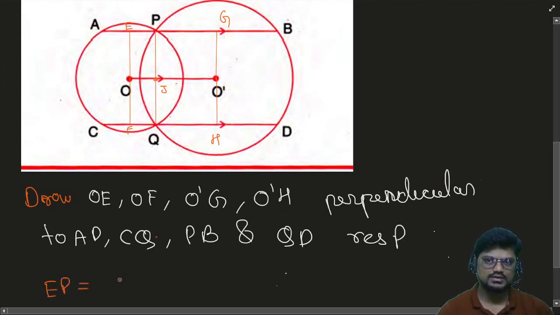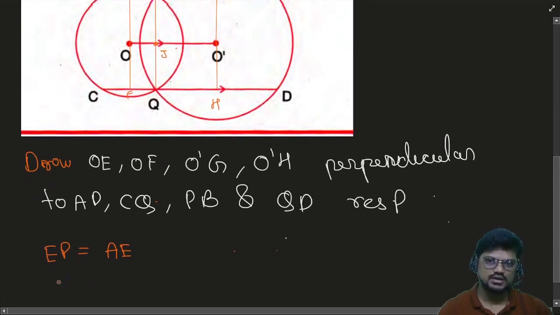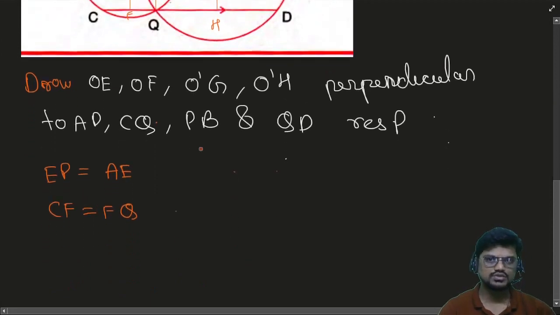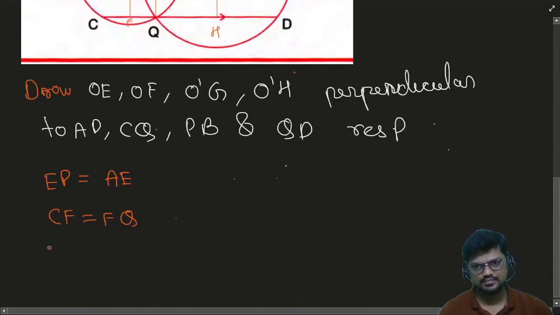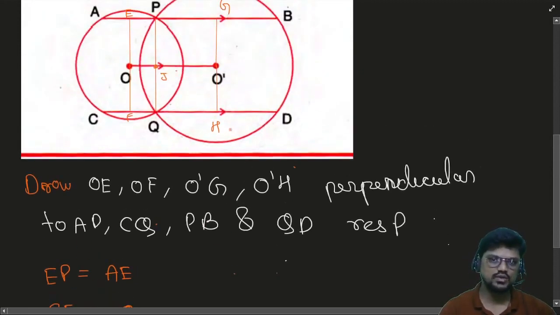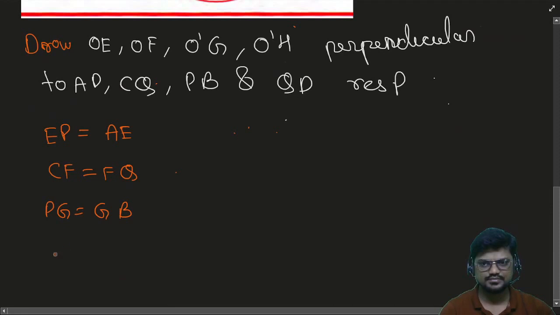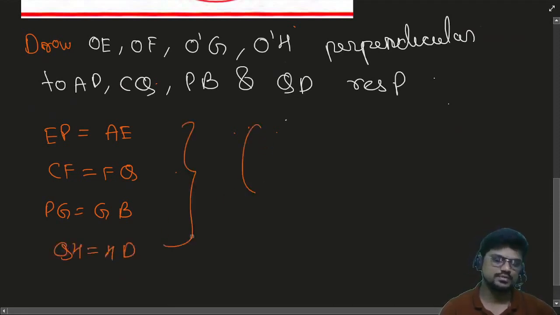I can also say CF is equal to FQ. I can also say PG is equal to GB. I can also say QH is equal to HD. What is the reason for all of them? Perpendicular drawn to the chord from the center bisects the chord.